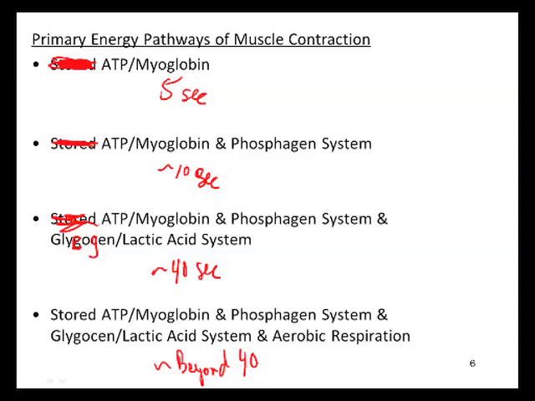Now, it may take me as a relatively not as fit individual as I should be, more than 40 seconds. It might take me upwards of 90 seconds or longer before I reach that steady state.